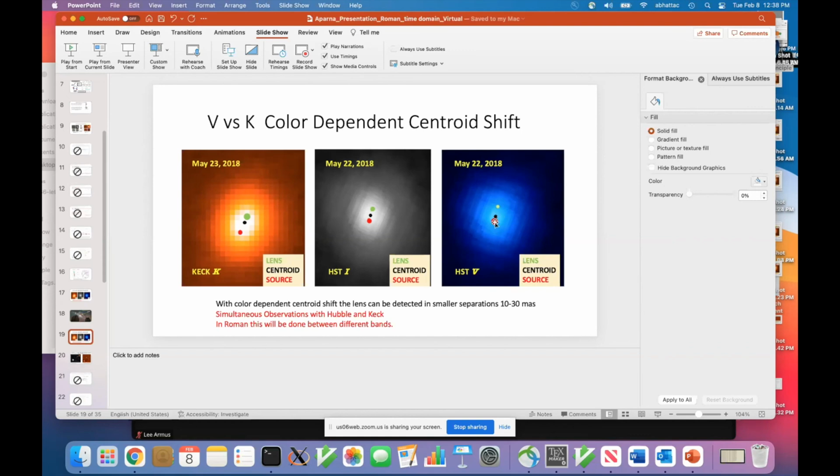So the centroid shifts between K and V. We are hoping to do something very similar with the K band and a somewhat bluer band in Roman, and we hope to see that shift in the Roman multiple filter data. Thank you very much, Aparna.